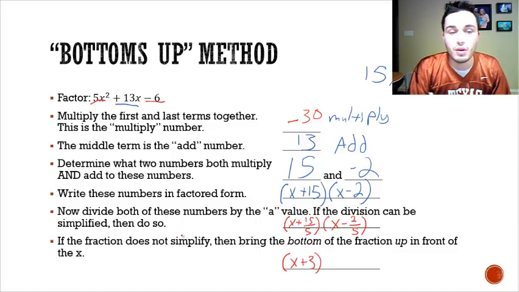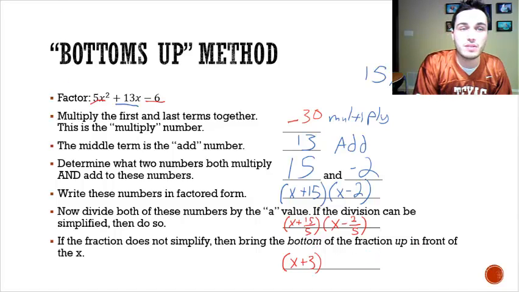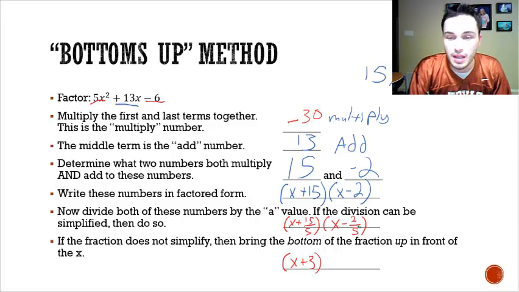No. So if the fraction does not simplify, then bring the bottom of the fraction up in front of the x. That's why this is called bottoms up, because I'm going to take the bottom part of this fraction, which is the 5, and bring it up in front of the x.